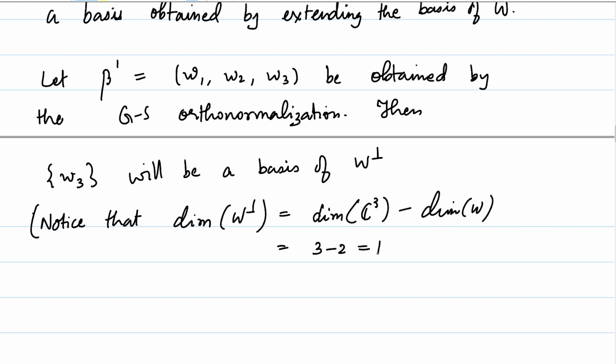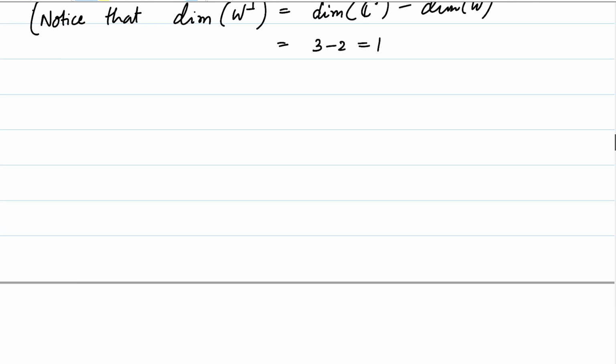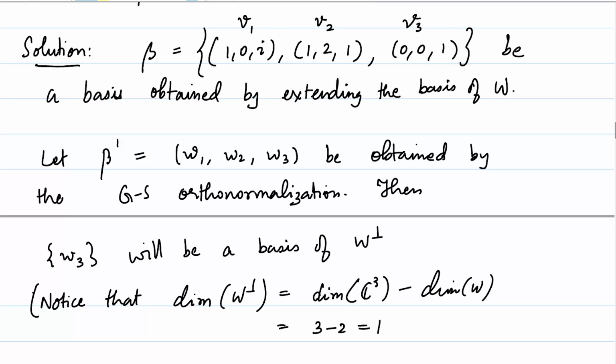So it's correct, everything is falling in place. W3 will be one vector which will form a basis of the orthogonal complement of W. All right, so let's compute the vector W3 in here.